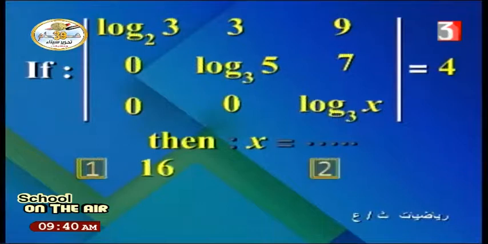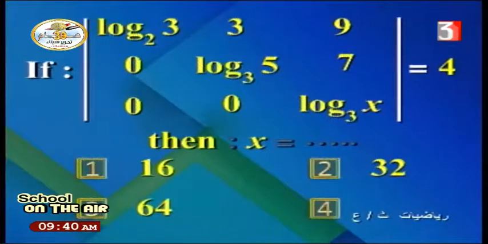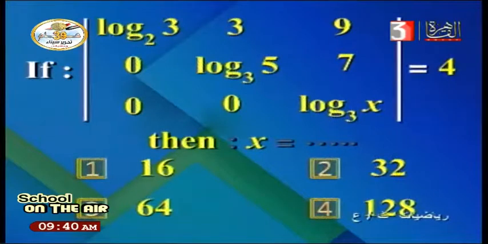16, 32, 64, or 128. My dear student, look at the determinant. We know that this determinant must equal the product of the elements of the main diagonal.